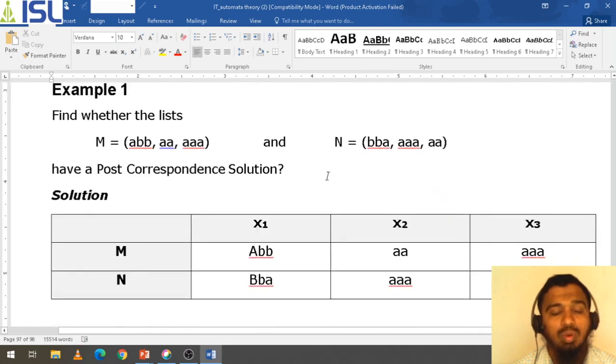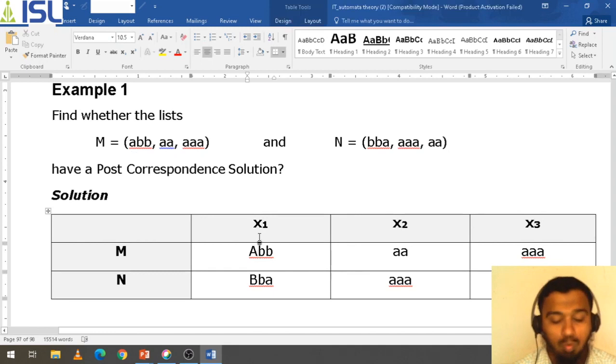So M x1 is ABB, M of x2 is AA, M of x3 is AAA.